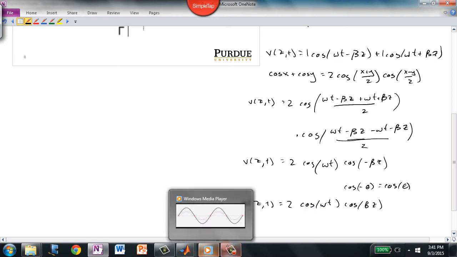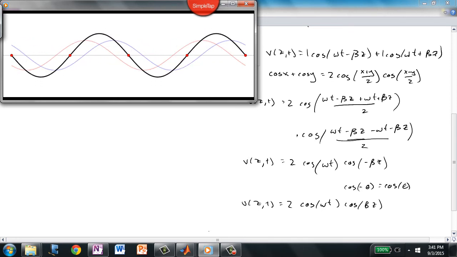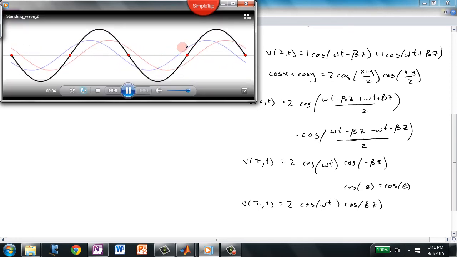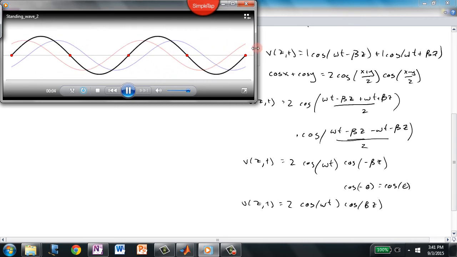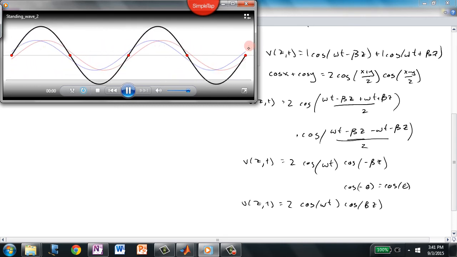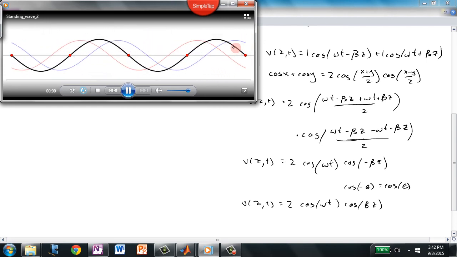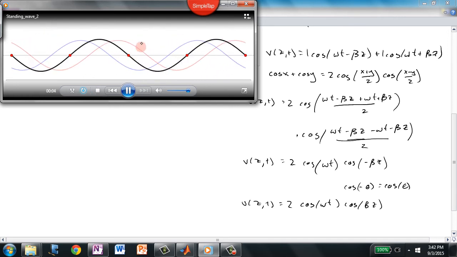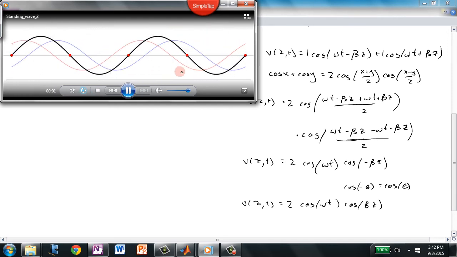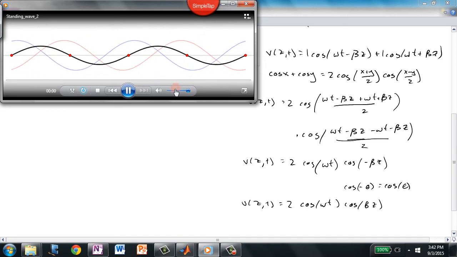So I've got a little video here to play of what a standing wave pattern actually looks like. The blue line in this video represents the incident wave. It then gets reflected back because it encounters an impedance boundary at the far right-hand side. The red line represents the reflected wave. The black line represents the addition of the blue line and the red line.